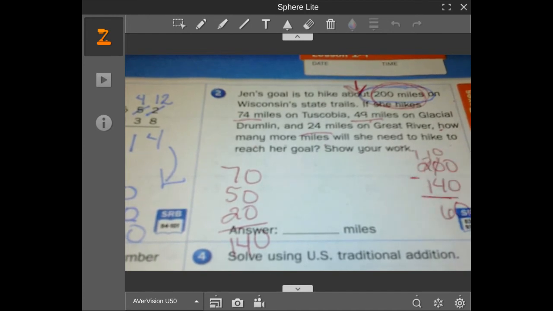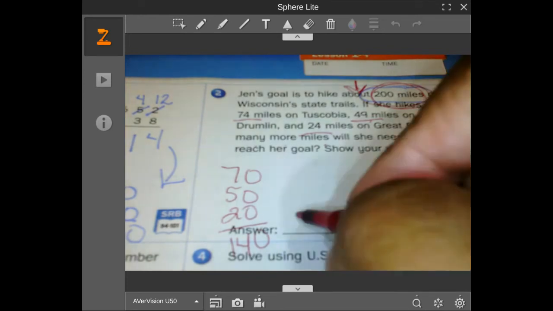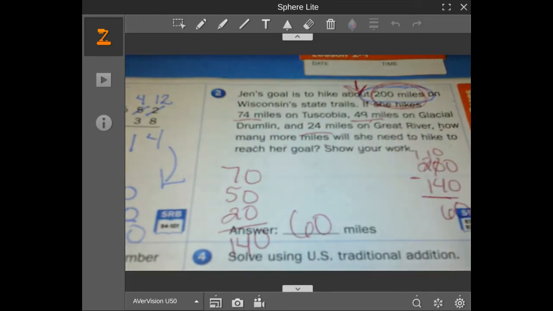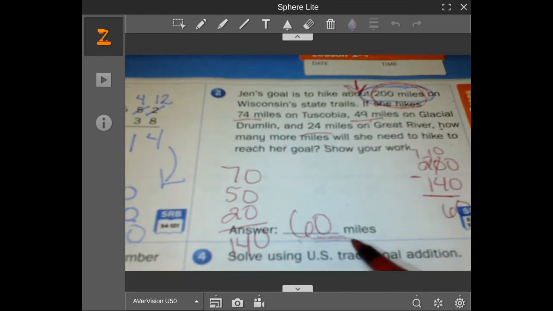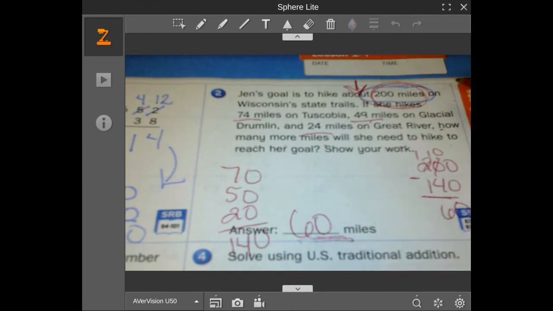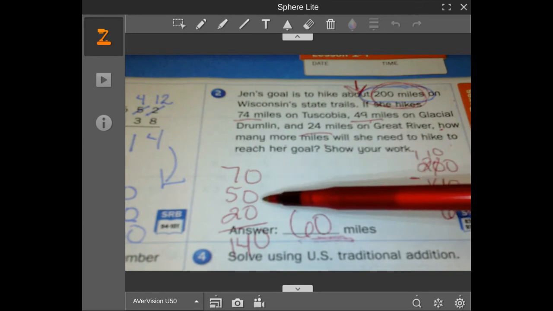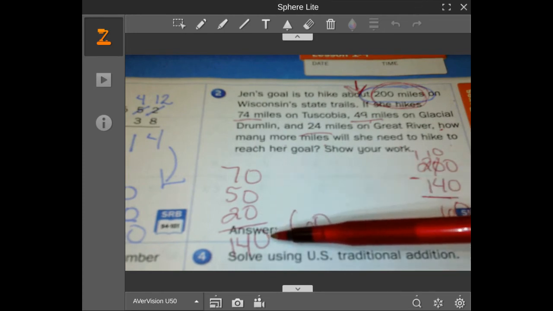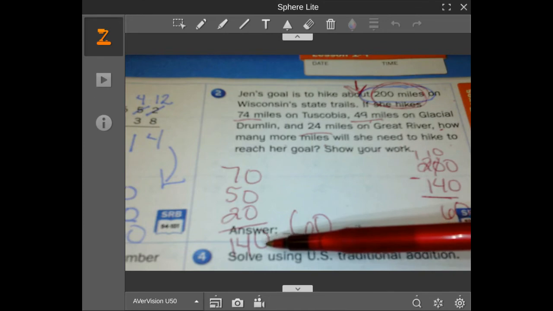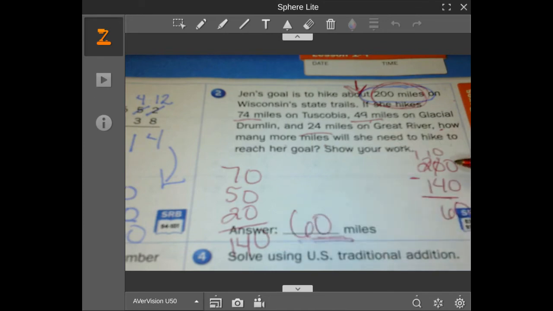And then, of course, 1 minus 1 equals 0. So we know that she has about 60 more miles to go to reach her goal of 200. Again, to come to that answer, I rounded how many miles she already had. 70 is my round, 50 and 20. She has about 140. So I subtracted how much she had already hiked, and she has 60 miles to go.